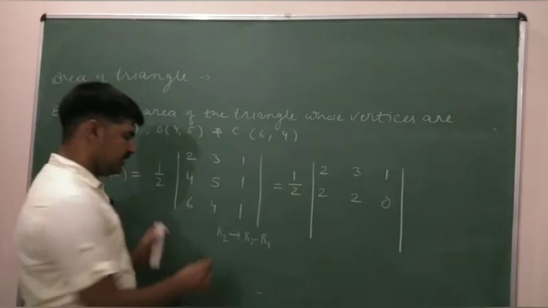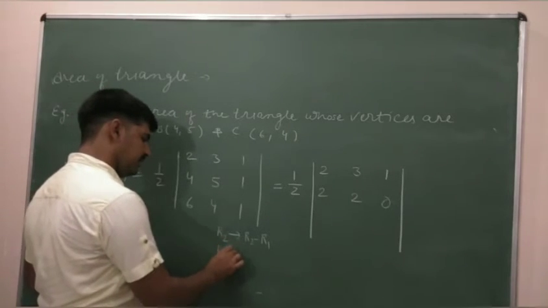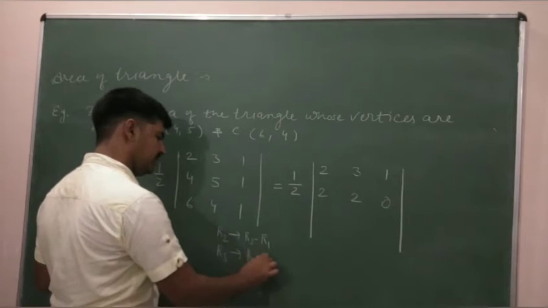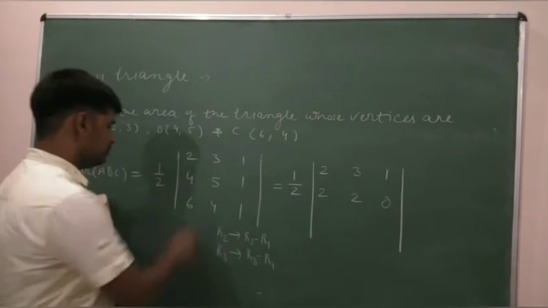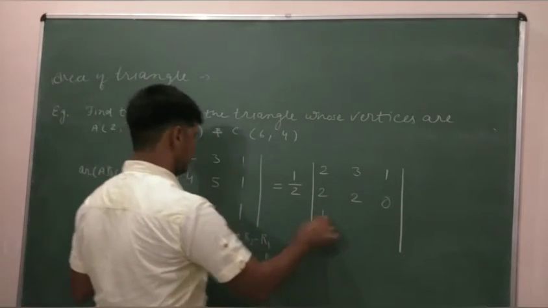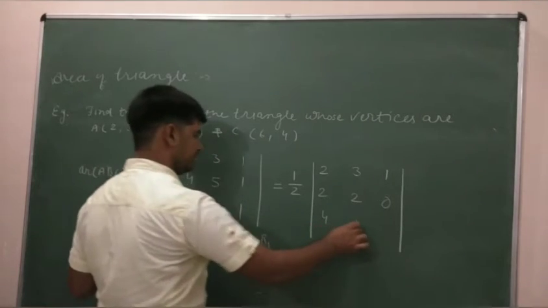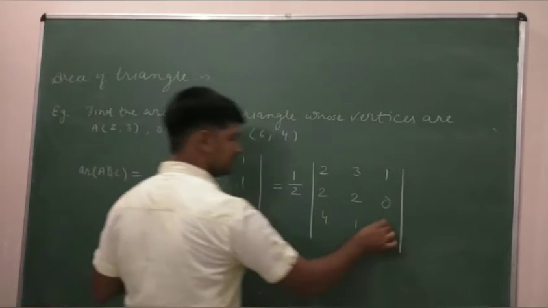Next, along with this I am also using the property R3 minus R1. So 6 minus 2 is equal to 4, 4 minus 3 is equal to 1, and at last 1 minus 1 is equal to 0.